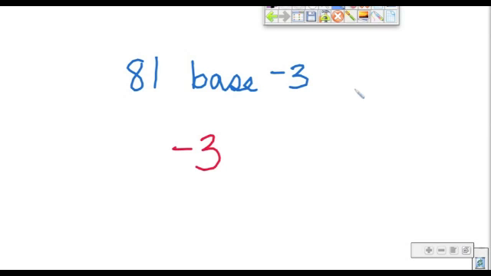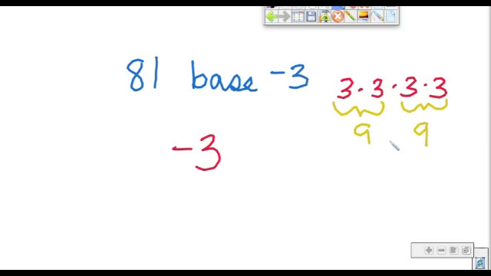Well, I know 3 times 3 times 3 times 3. Let's just start there. 3 times 3 is going to give me 9. 3 times 3 is going to give me 9. Multiply these together and I get 81. So I know that it's going to take 4 3s. There you go. And they already told me my base was negative, so this has to be negative.